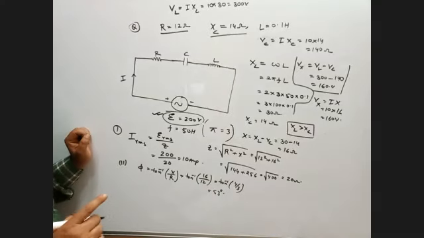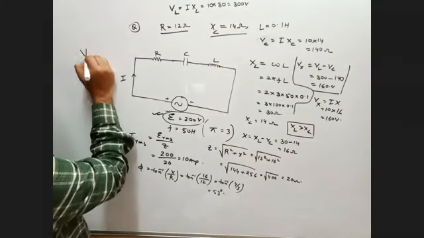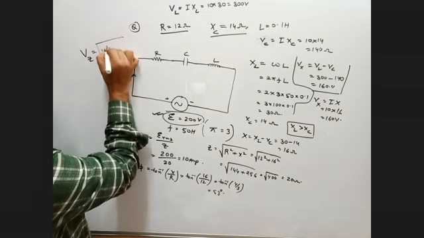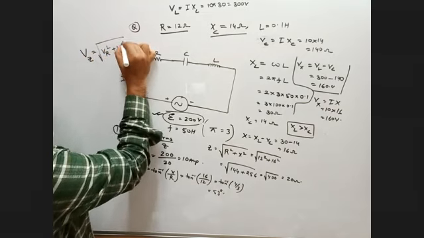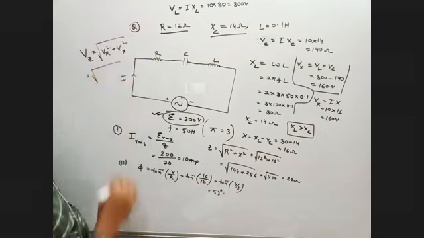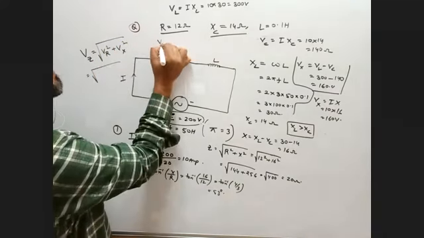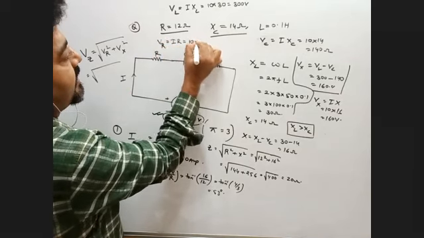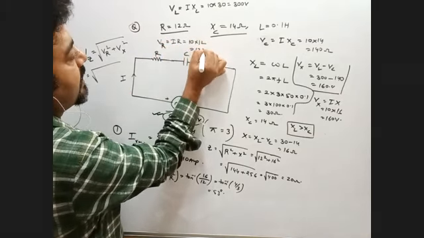Now if you want to find out the total voltage, Vz, obviously that is the square root of VR square plus Vx square. So you need VR also. VR is I into R, that is 10 into 12, 120 volt.